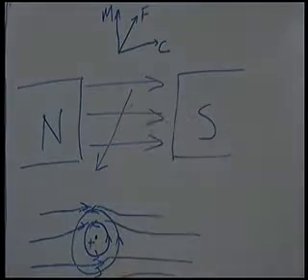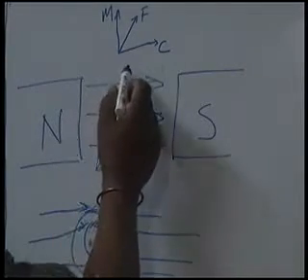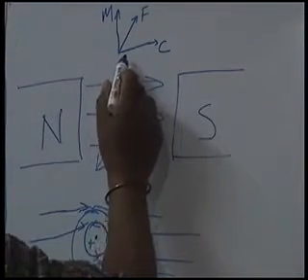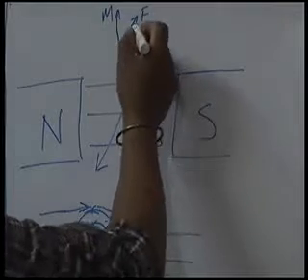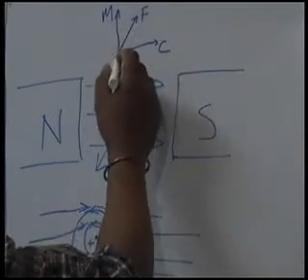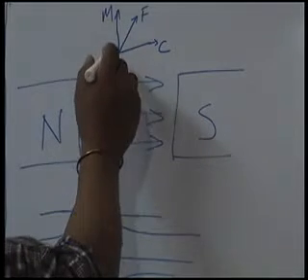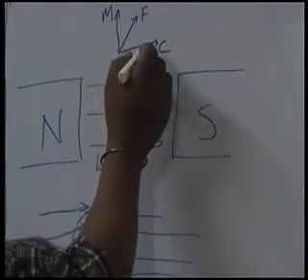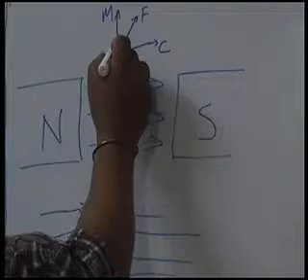That means if a current carrying conductor is placed in a magnetic field pointing from this to this, then it will experience a motion which is perpendicular to both of them, in this direction.